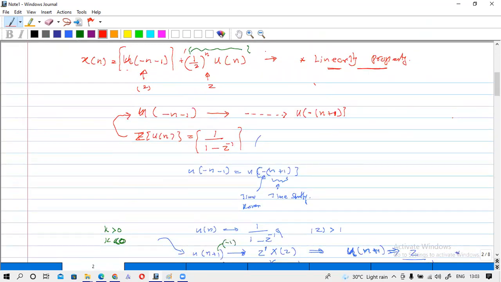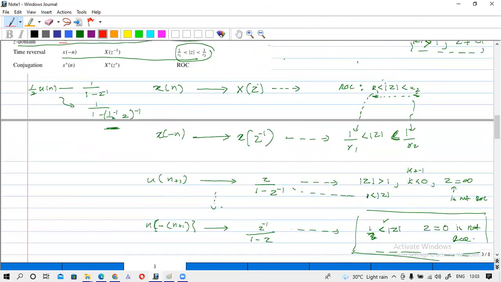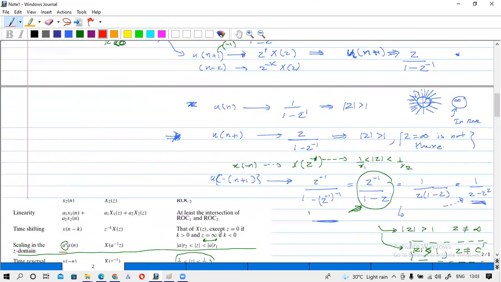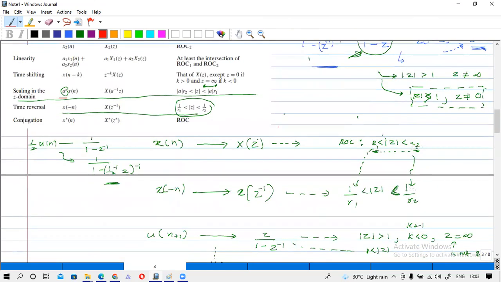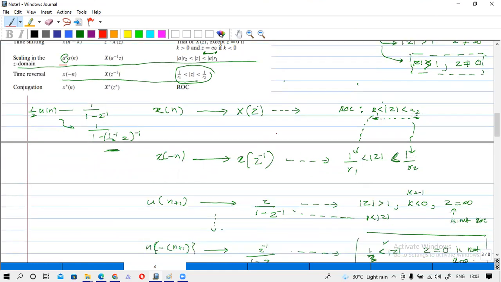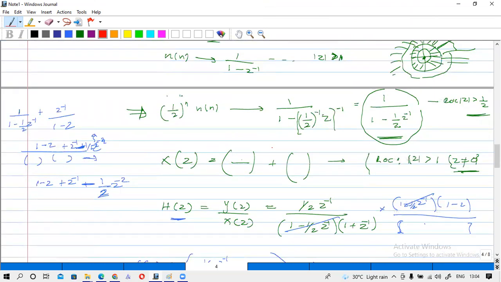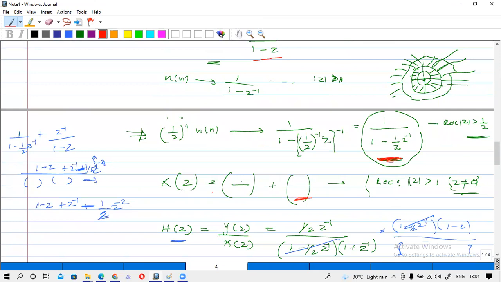So for xn we get this kind of one, this part and this part. We have to add this part and this part. Then you can get the xz.